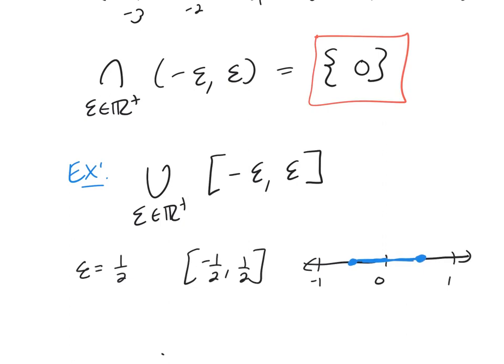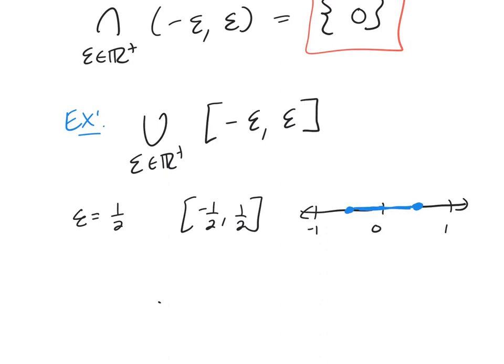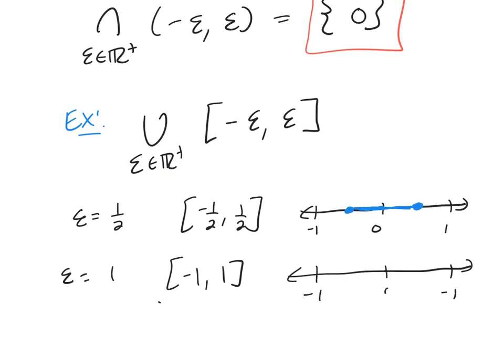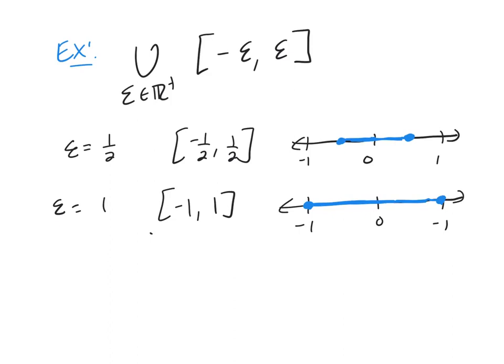Okay. And then we can take epsilon to be 1, negative 1 to 1. So it's pretty much just the same pictures you had before, but now the endpoints are included. So you use filled in circles instead of open circles. You can also use pi again for epsilon.